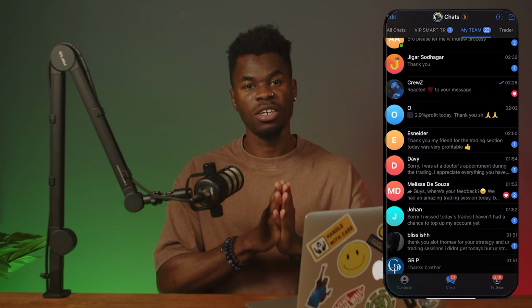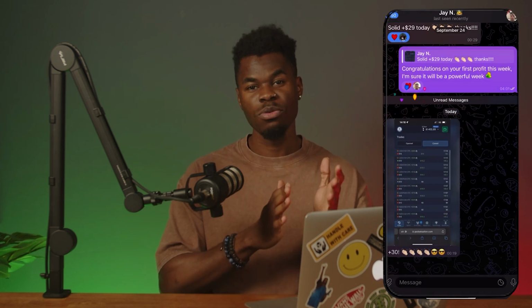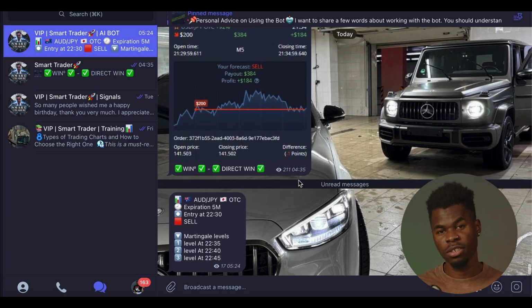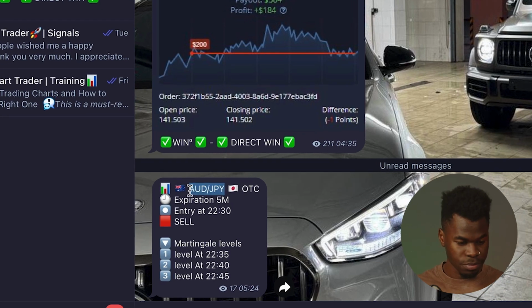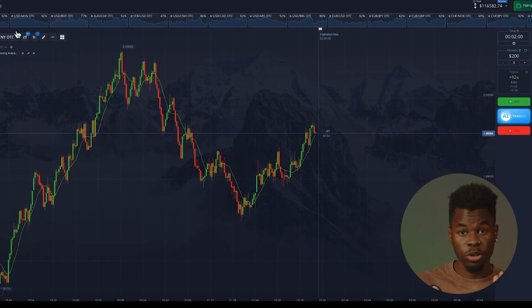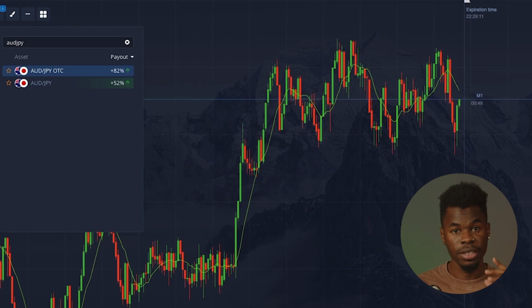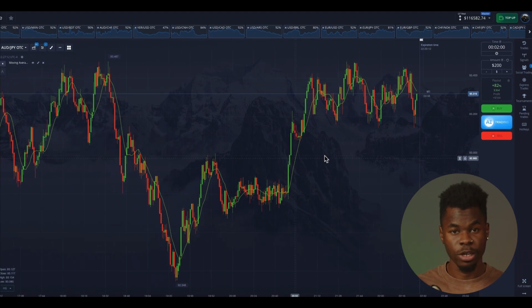Let's move on to the practical part. Right now, I'm going to show you a live example of how my AI bot works, which sends signals around the clock. We'll break down a trade together with technical analysis. So let's take the AUD/JPY currency pair, copy it, paste it and open it.